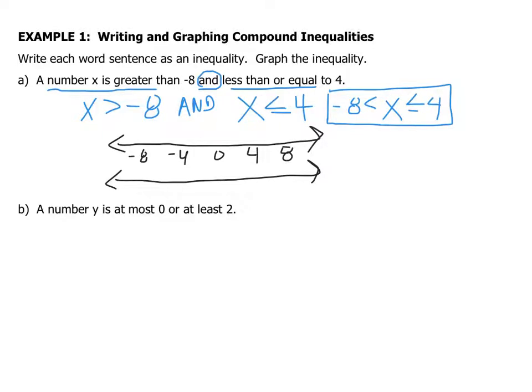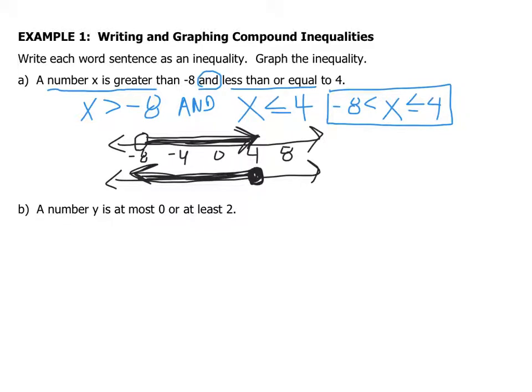The first one, x is greater than -8, would have the open circle at -8, and it would go to the right, which is the greater than sign. The second one would start at 4, but it's a closed circle because of the or equal to, and it's going left because it's less than from that point.